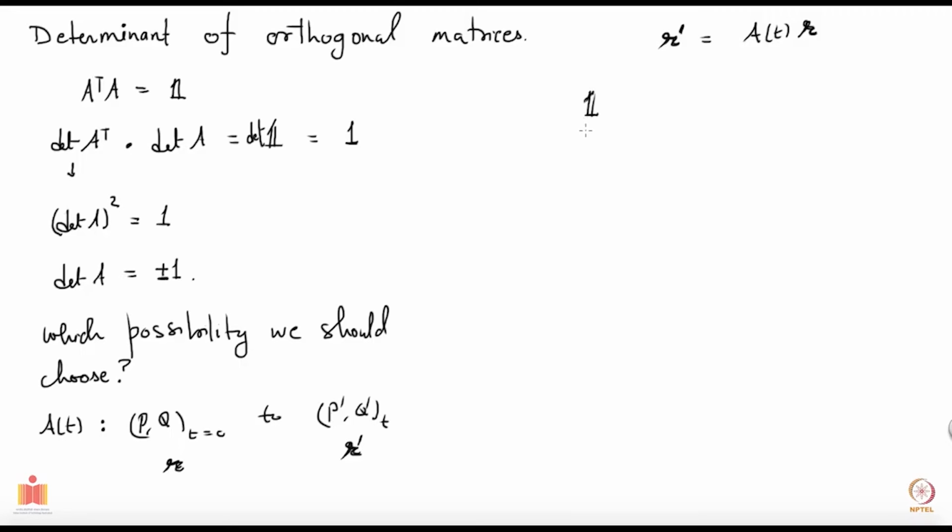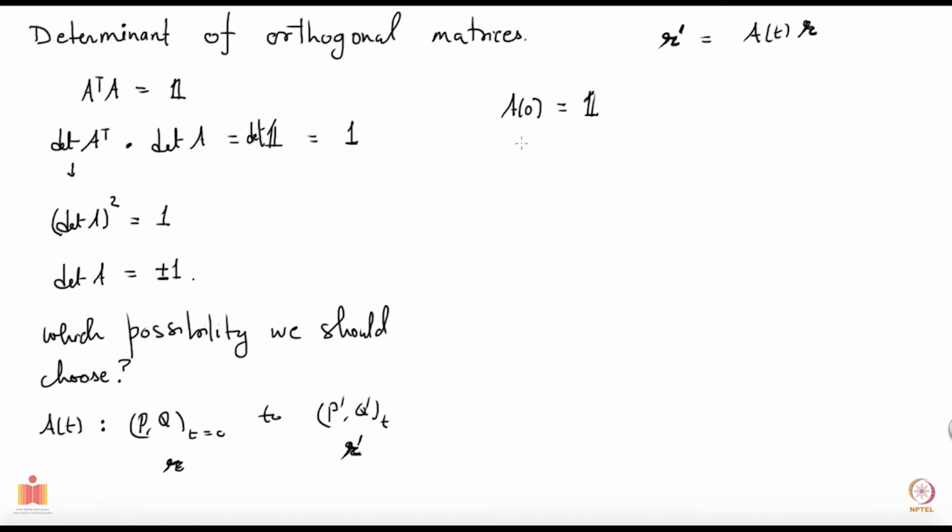At time t equal to 0, R prime is the same as R. Nothing has changed, which means that A at time 0 is identity, right? Matrix A at time t equal to 0 is the identity matrix, because only in that case R prime will be R. No transformation has been done. So this is at time t equal to 0.